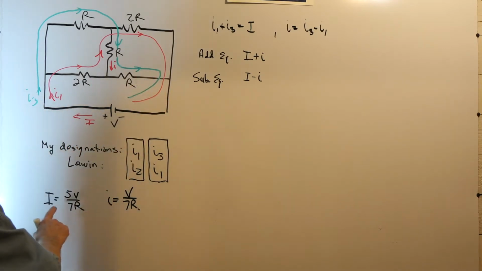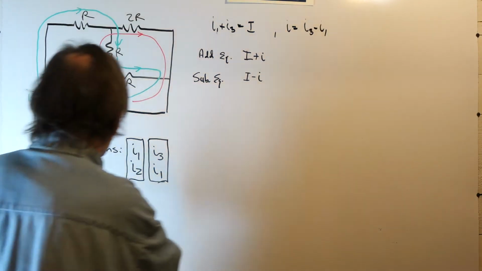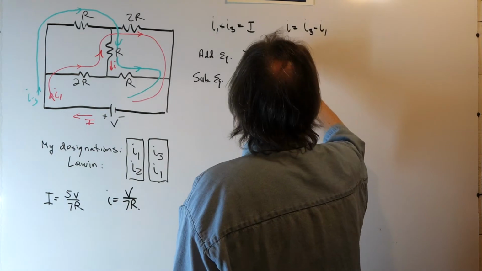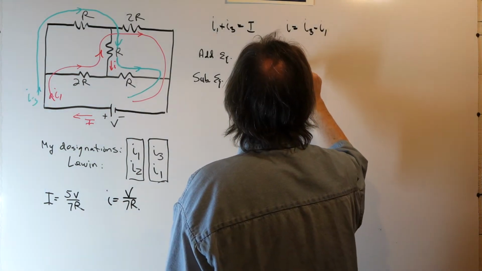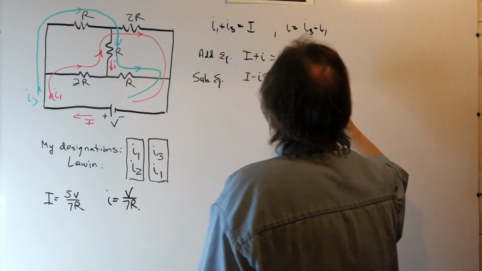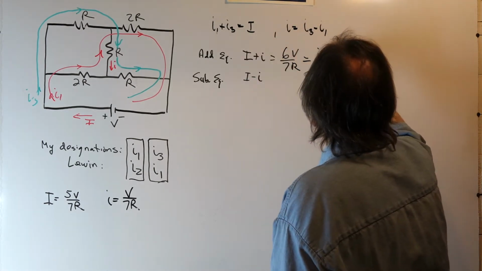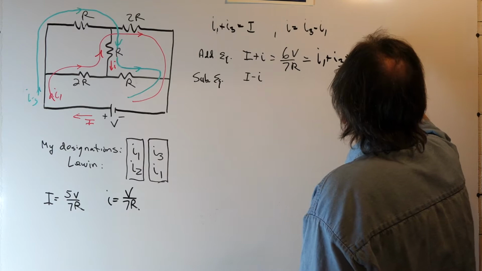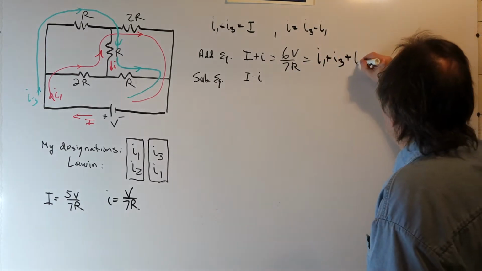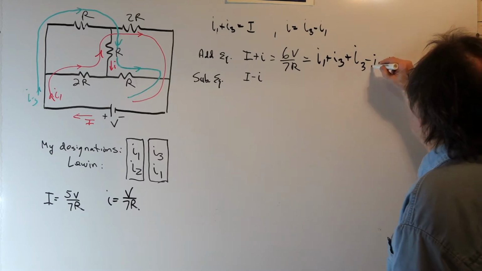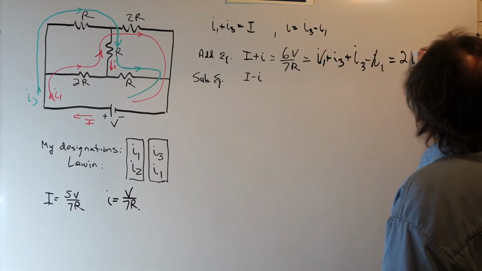If we add the equations, capital I plus small i is just 5V over 7R plus V over 7R, or 6V over 7R. Well, if we take capital I as I1 plus I3, and we add to it I3 minus I1, which is little i, the I1s cancel and we have 2I3.